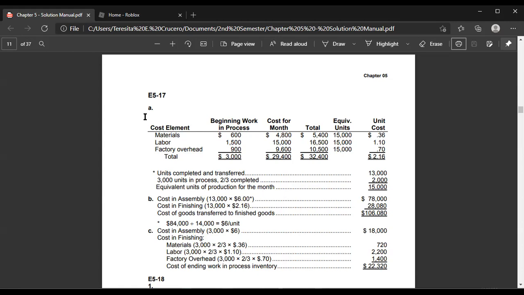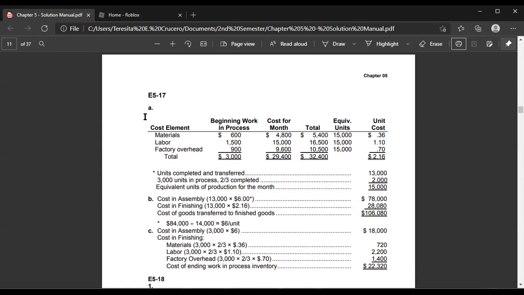What happened to the 16,000 units? 13,000 units were transferred to the finished goods stockroom, meaning they were already completed, and the 3,000 units are in process inventory at the end.